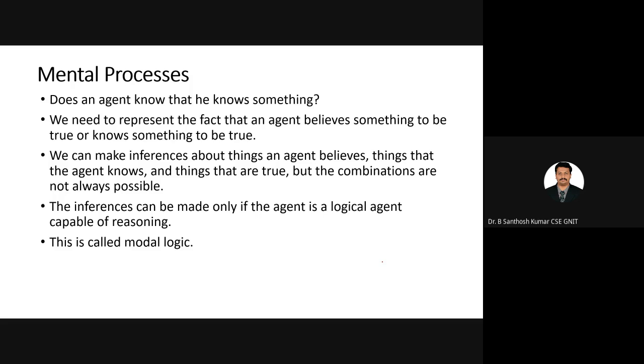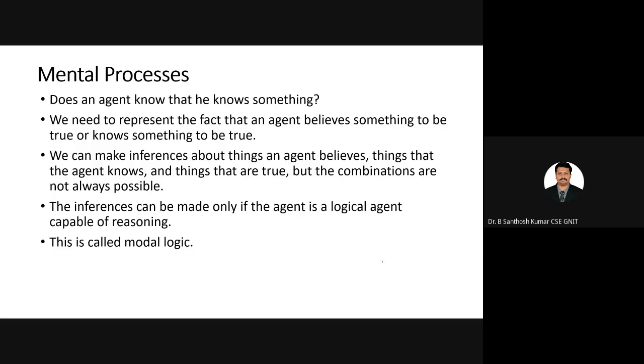Then the mental process: does an agent know that he knows something? For an example, you are designing one robot, so you have to give instructions to that robot. For example, I am designing a robot to work in a high temperature area, so I have to give that instruction to it. Then that robot will work at that particular temperature.